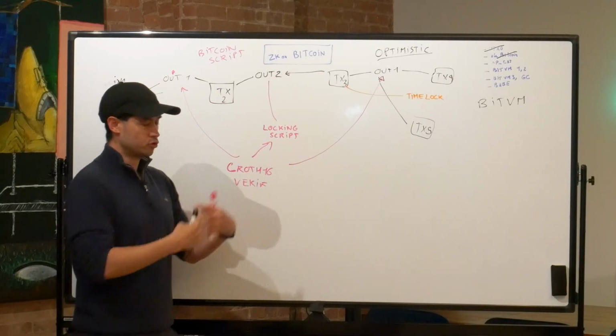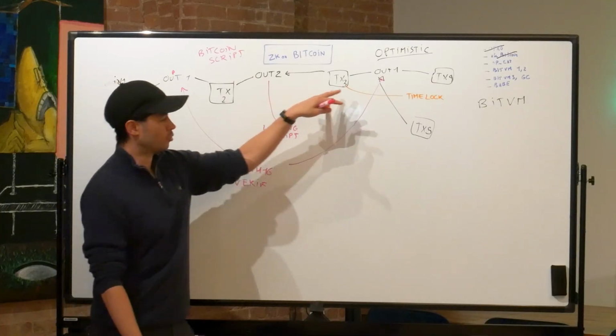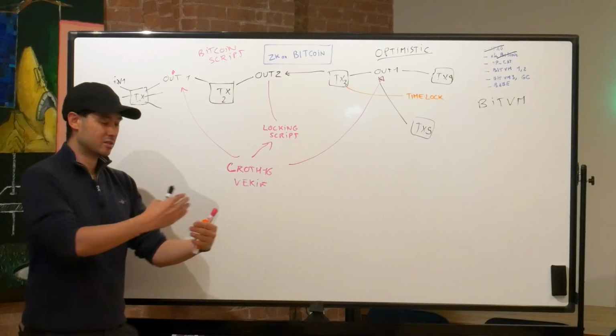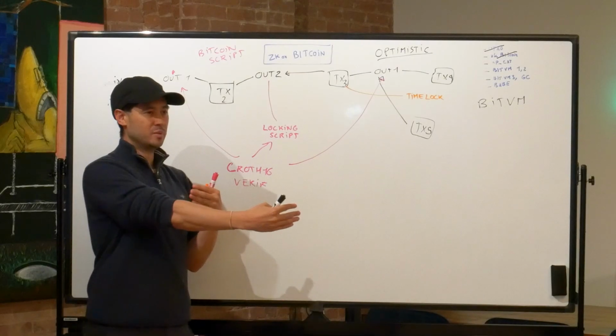So lots of time locks just to be able to make progress. That's why the more transactions your protocol takes, the longer it takes, because you have to wait. There's some weird clock where you have to move even slower than the clock of Bitcoin.